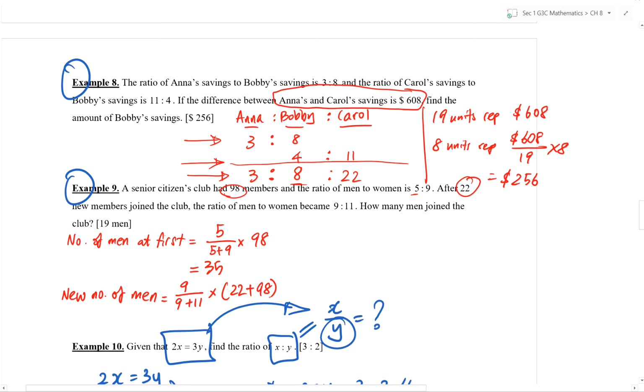Okay, 22 is not the final number of people. The final number of people is 22 plus 98. Okay, so here we have 54 men. To find the number of men who join, will be 54 minus 35, give us 19.